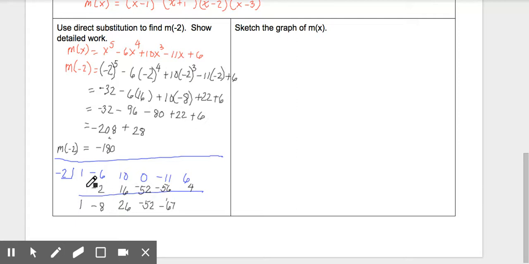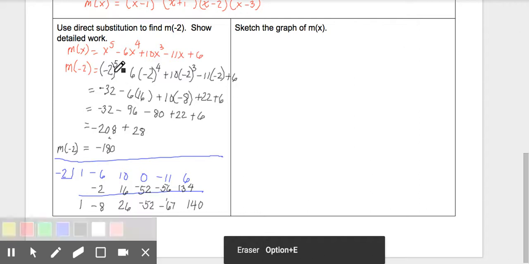Carry 1. 2 times 6 is 12 plus 1 is 13. Okay, 767. So 134. And 134 plus 6 is 140. Okay, they don't match. So what happened?